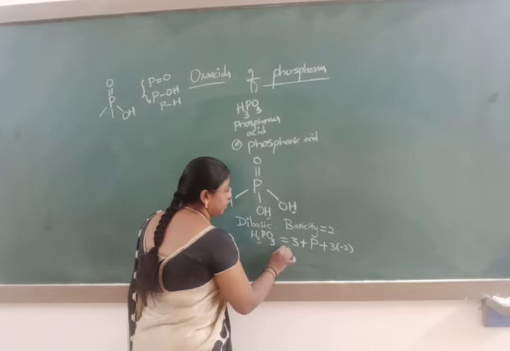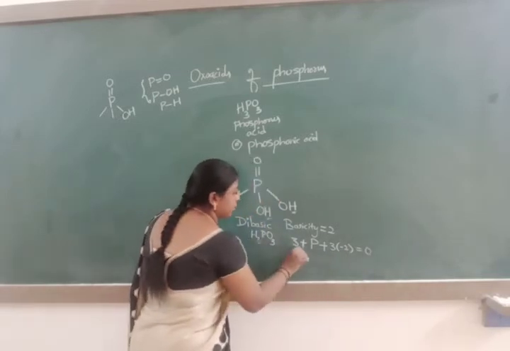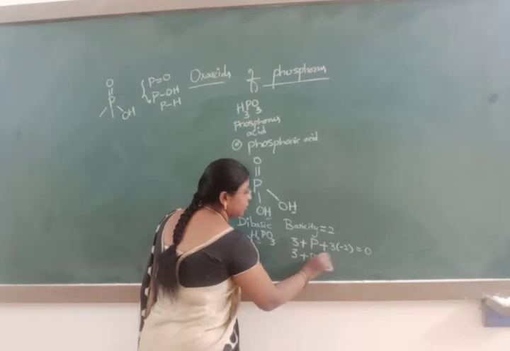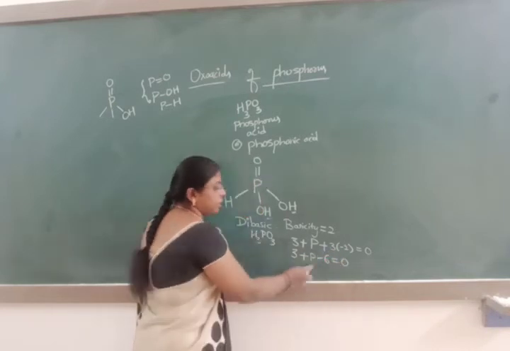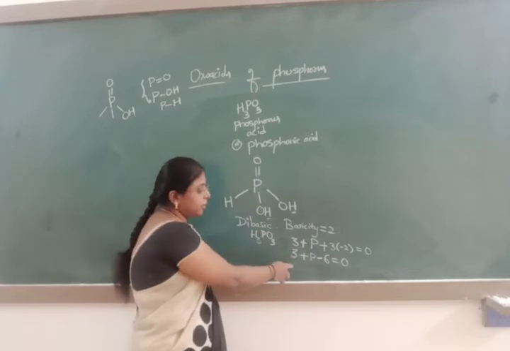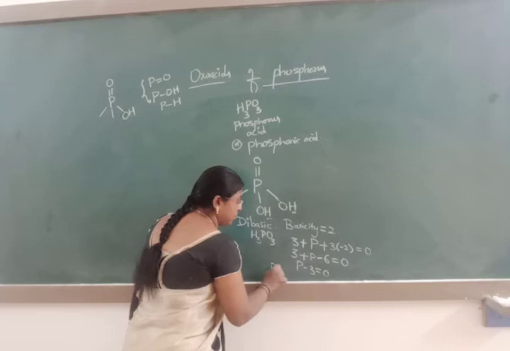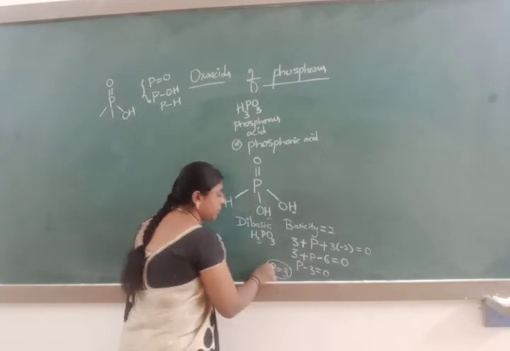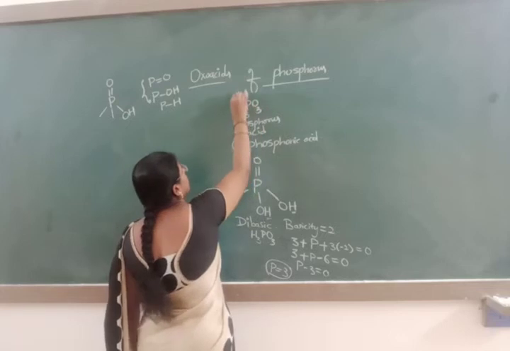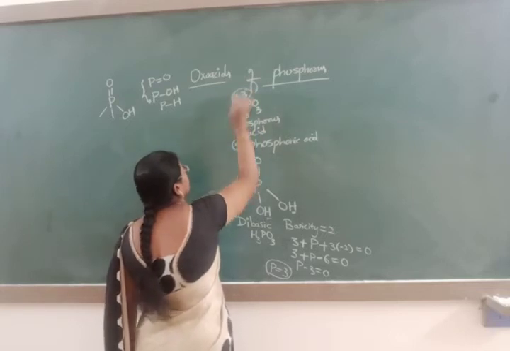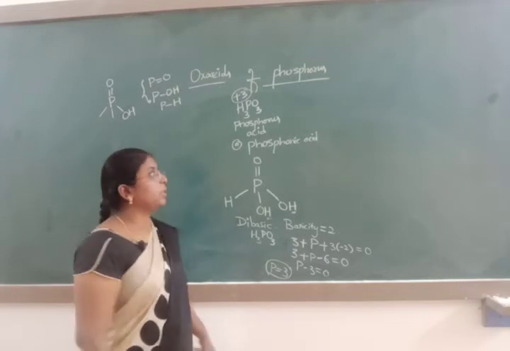So the sum is equal to 0: 3 plus P minus 6 equals 0. Minus 6 plus 3 becomes minus 3, so P becomes equal to plus 3. The oxidation state of phosphorus here is plus 3. This is about phosphorus acid.